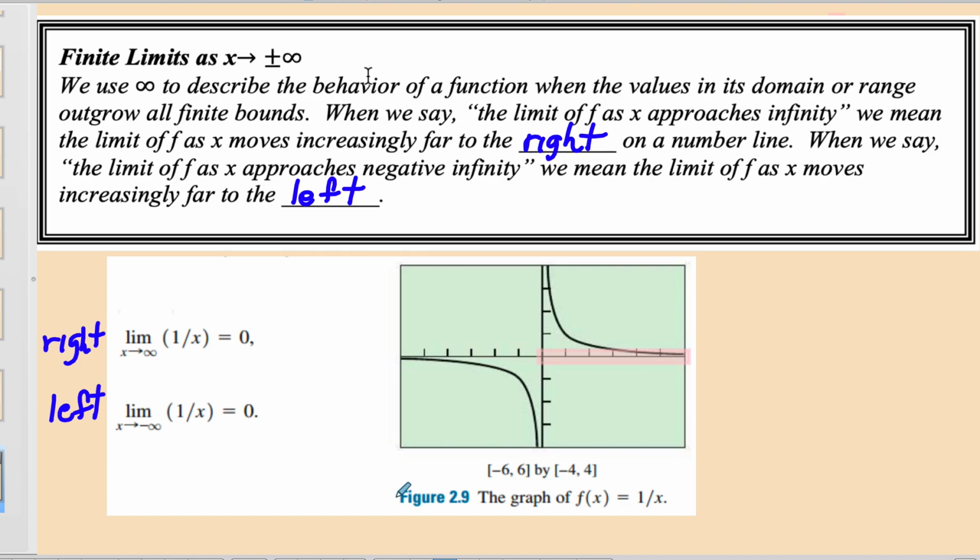And when we are approaching negative infinity, that means we are moving increasingly far to the left. So this is an example right here. X goes to infinity, we're moving to the right, and as we follow the graph, it looks like it equals 0. And if we follow our x values to negative infinity, it looks like it is 0.